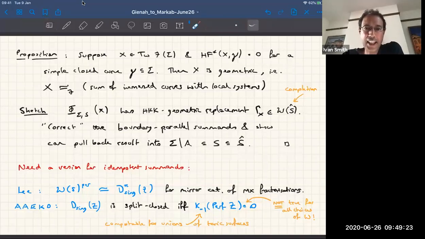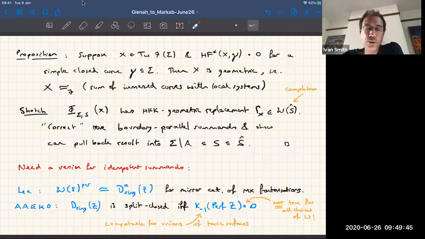And here there's a roundabout detour into significant technology, because just as the HKK strategy doesn't immediately adapt in any obvious way to a closed surface, it also doesn't immediately adapt in any obvious way to an idempotent.